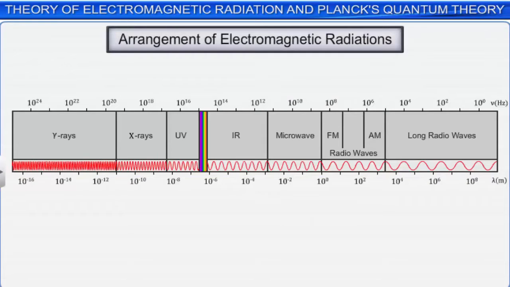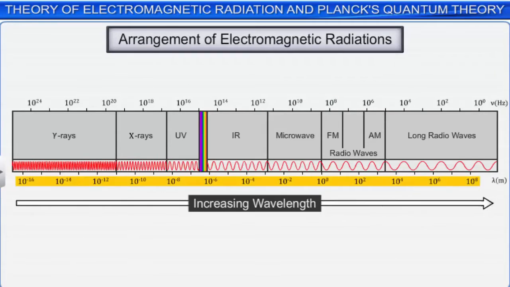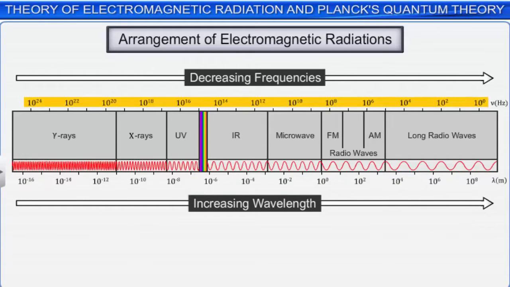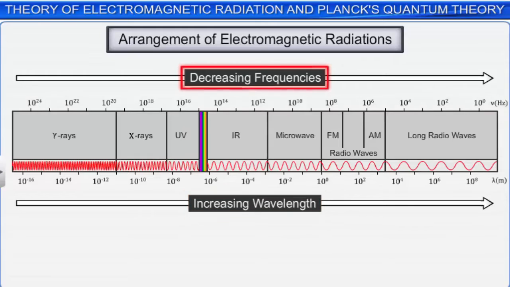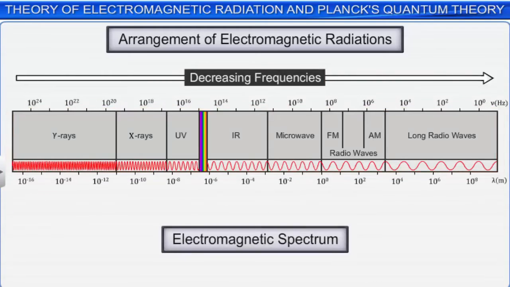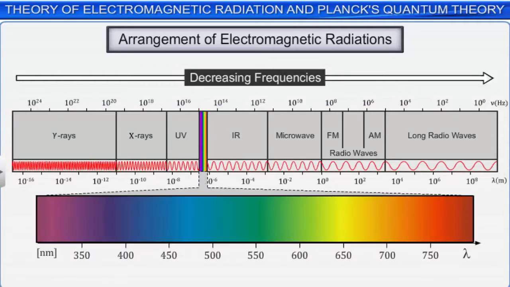Let us have a look at the arrangement of different electromagnetic radiation in increasing order of their wavelength or in decreasing order of their frequencies. When these electromagnetic waves of different wavelengths are arranged in the order of increasing wavelength or decreasing frequency, it is called the electromagnetic spectrum. Of these, the radiation that is visible to the naked eye constitutes the visible spectrum.